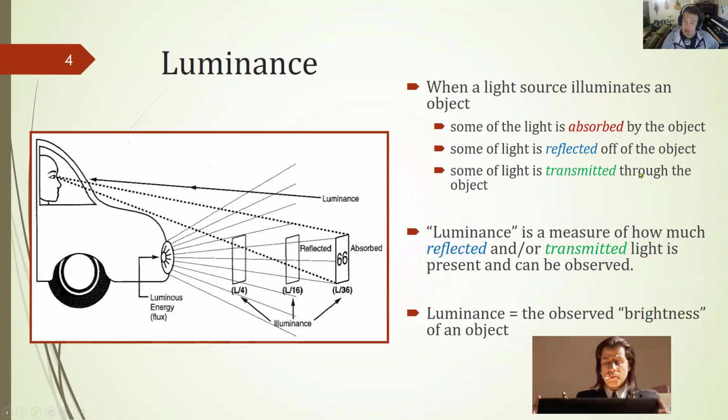Now, I have to add transmitted here too, because we use the same concept of luminance to talk about light that reflected off of something and then gets to the retina, and light that is projected into the retina, like from a luminous display, like what you're looking at right now.